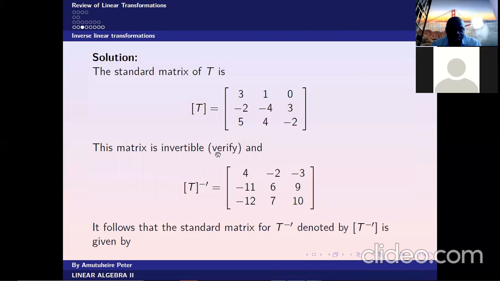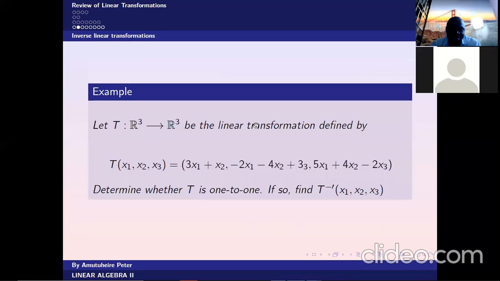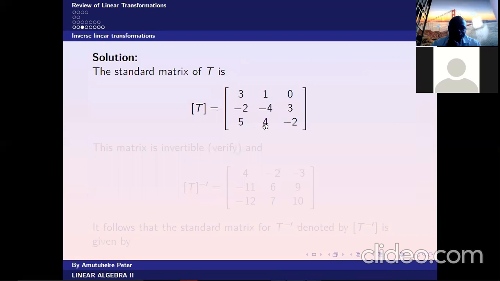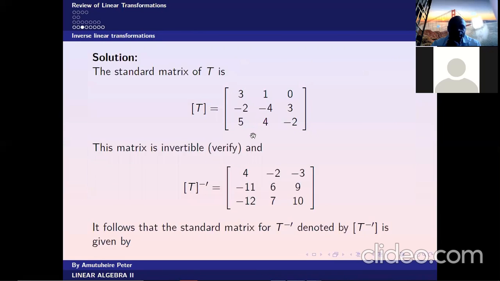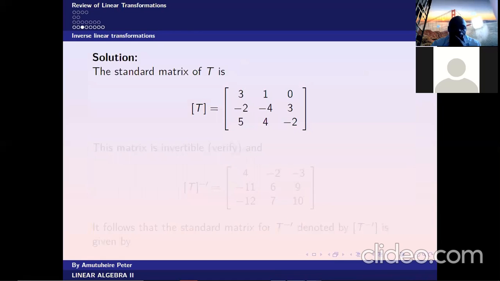We check if this is the matrix for the transformation, because you can see that if I get that matrix, times this vector here, I get this one. So if this matrix of the transformation is invertible, then the given transformation is said to be 1-to-1.